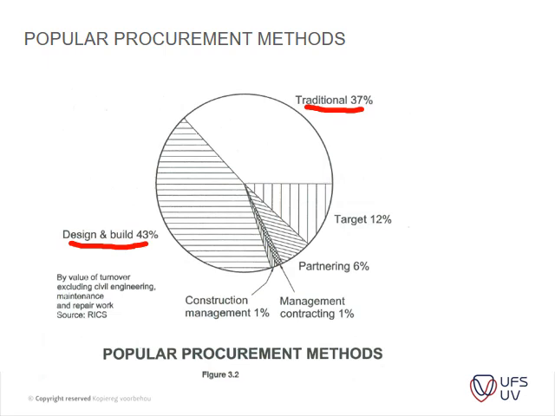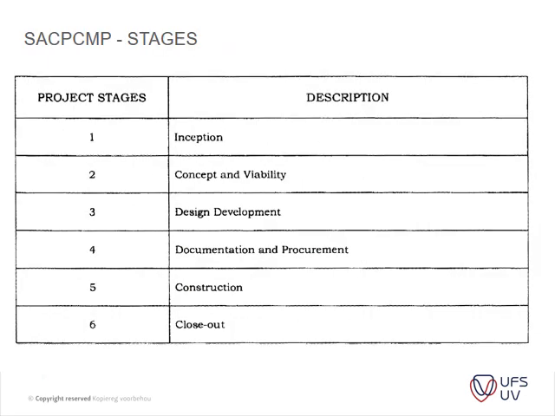So what the public sector usually does is to appoint the consulting team, who in turn assist the client in procuring a contractor. So that's the traditional method of procurement in South Africa. Okay, the SACPCMP stages, I just listed them here again.